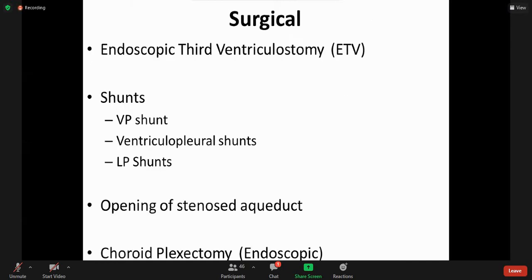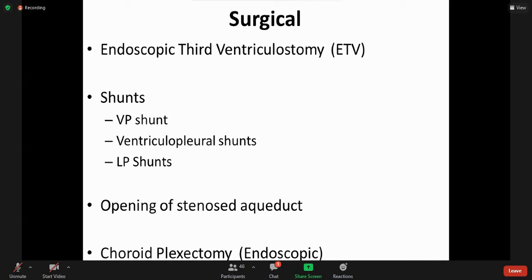And what are the surgical managements? If the patient has hydrocephalus and we are doing surgery, then we have to give a bypass for the CSF to flow from the brain and be absorbed in some other cavity of the body if it's not normally absorbing into the blood.